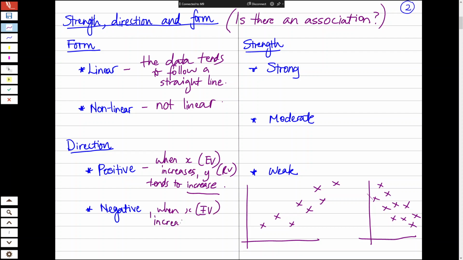Y is decreasing when the direction is negative. So I'll label this positive direction, negative direction.